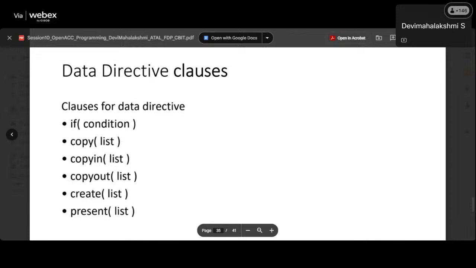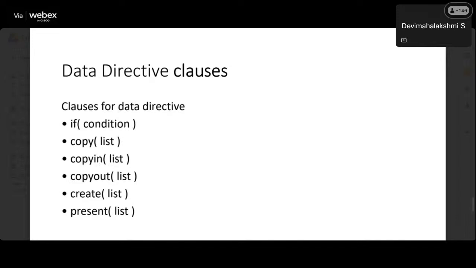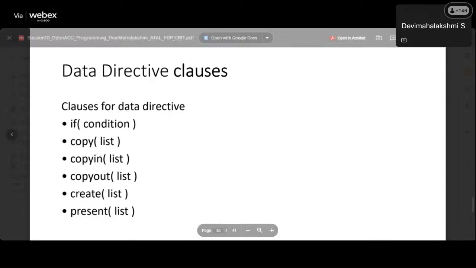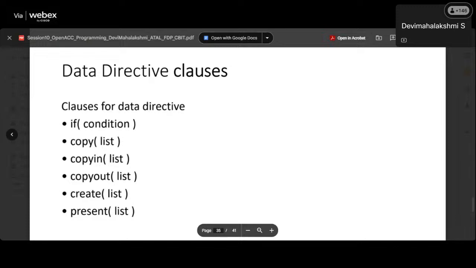Then copyout is the outcome after running the parallel code in the accelerator. What is the outcome of that parallel region? That is the output from the parallel region: copyout. Then copy means this list of parameters acts both as input to the GPU machine and as output from the GPU machine to the host machine, so there is no explicit in or out.